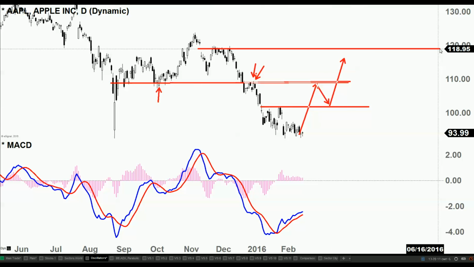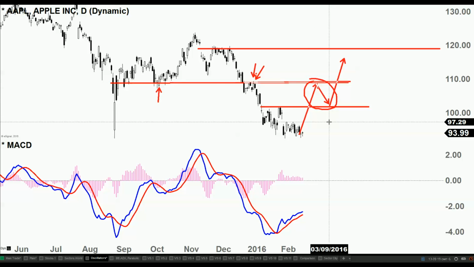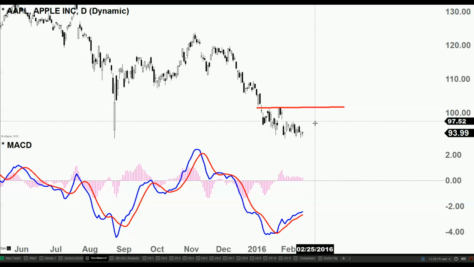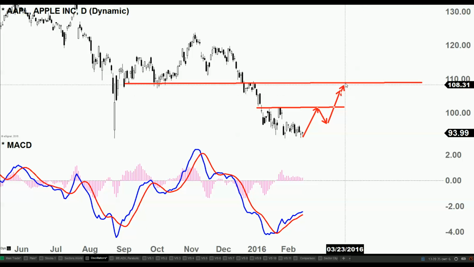Again, I'm not saying that that's what's going to happen. I still need to see, but if we are able to do something like this over the next 3 to 4 weeks, and pull back a little bit, then I think there's a good chance we'll get up to about 110.